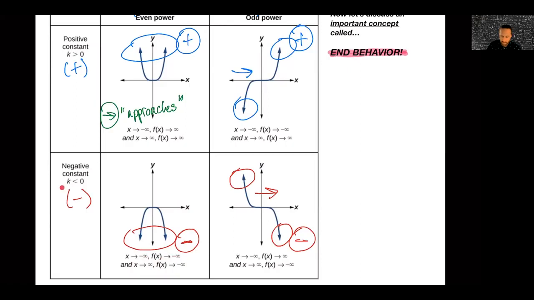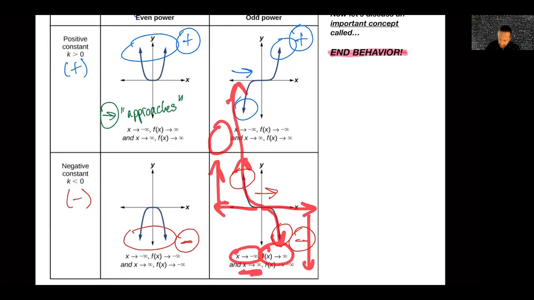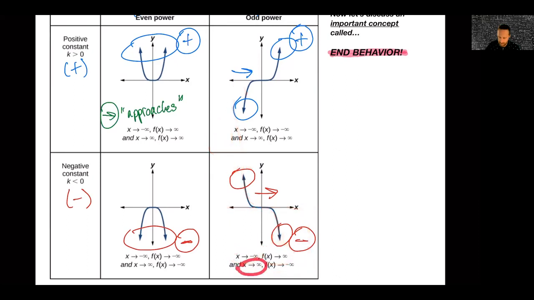For an odd with a negative in front, it's going to go downwards, which means to the far left, as x approaches negative infinity, my y values would be way up here eventually, meaning positive infinity. And when I go to the far right, it's going to hit negative infinity. So as my x approaches the far right, my y approaches negative infinity.